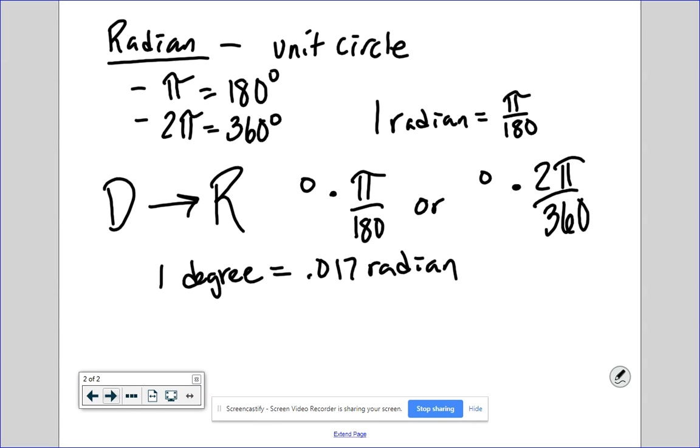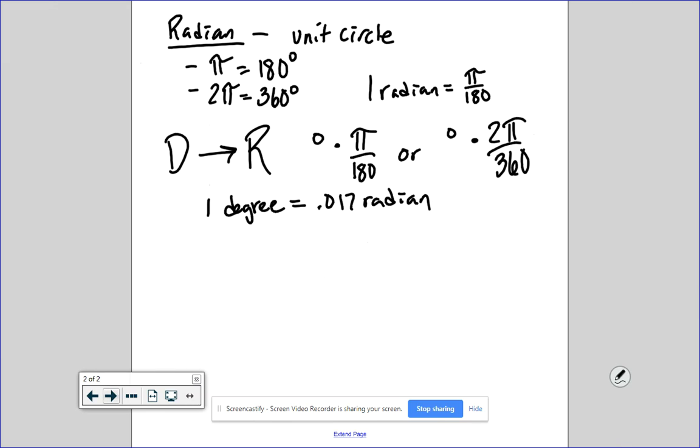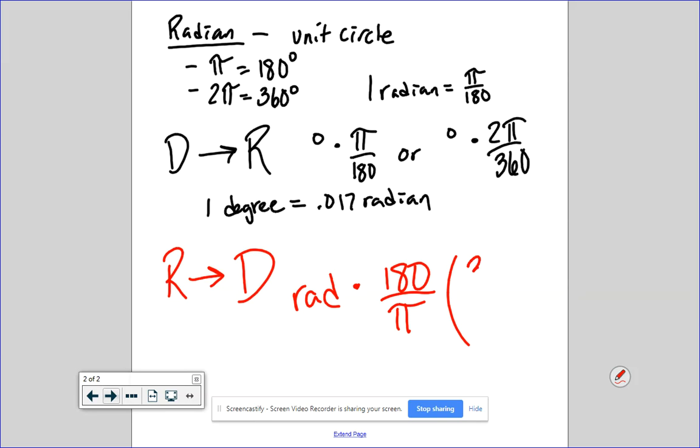You could technically multiply a degree by 0.017, but you want to leave it in terms of pi. That's why we just use pi over 180. If I give you something in radians, which is almost always going to have pi in it, and you want to go from radians to degrees, you take your radian measure times 180 over pi, or 360 over 2 pi.